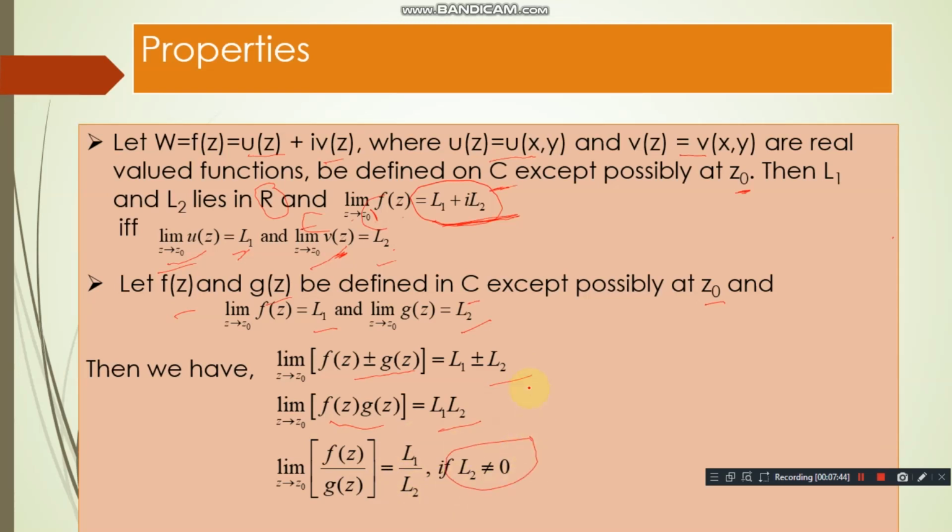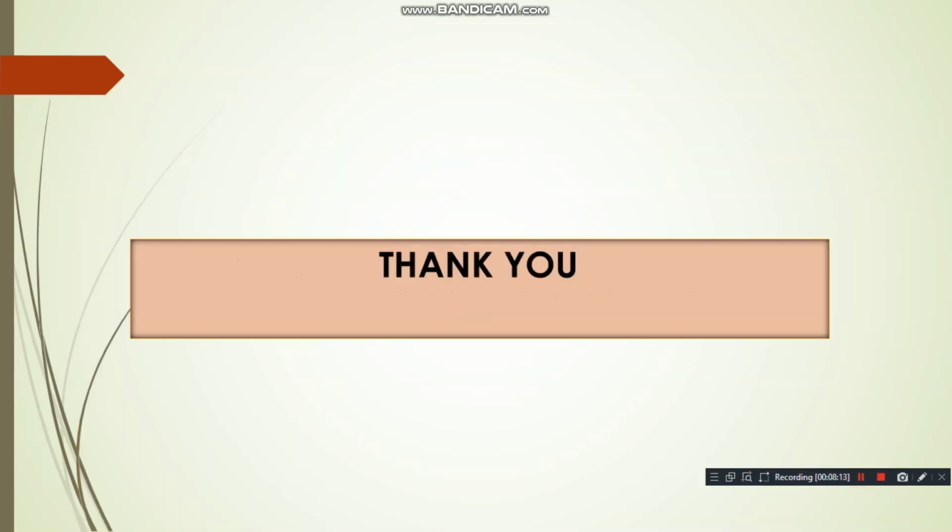It's nothing but for different terms you can find the limit separately and just combine them. Even if at least one of the functions does not have a limit, we simply say that the limit doesn't exist. For the product also you can find the limits separately and take the product of those. Even for the rational function f of z by g of z, you can find them separately and then take the ratio of L1 and L2. So this is how you can find the limit of a complex function.